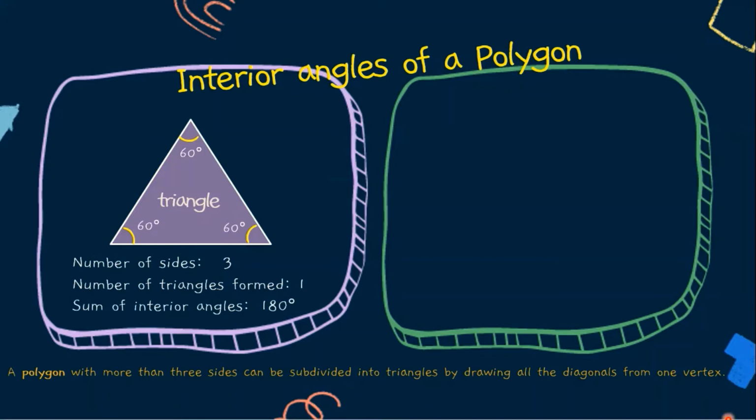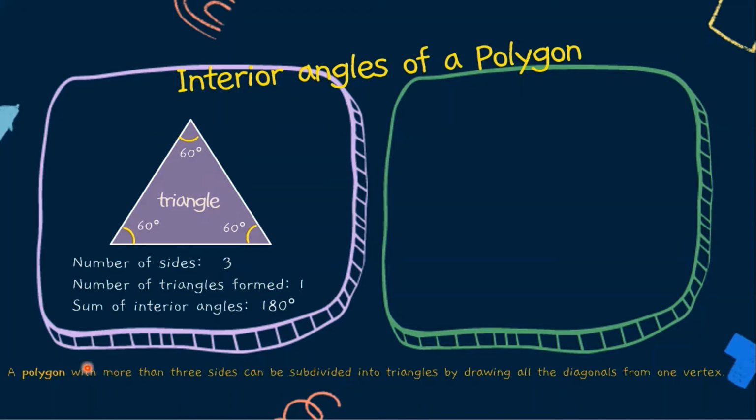And a triangle has a sum of interior angles which is 180 degrees. Dahil 180 degrees ito, ito ay isang regular polygon, yung kanyang individual angle ay 60 degrees each. 60 plus 60 plus 60 ay equal to 180 degrees.